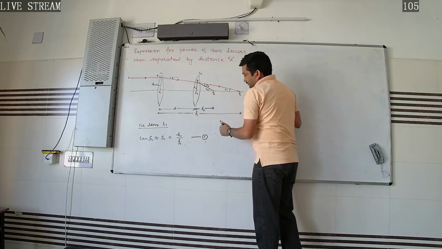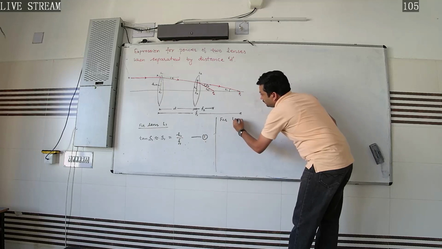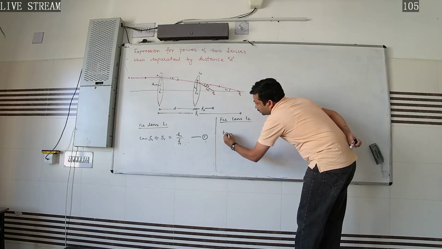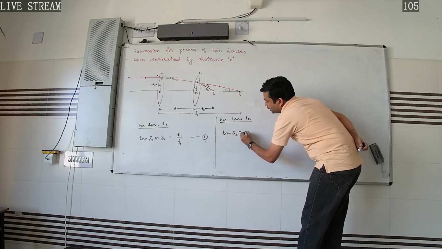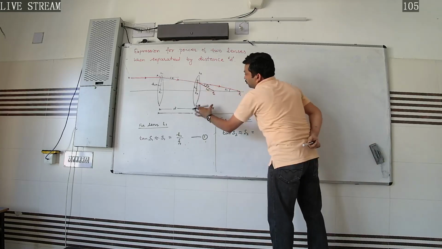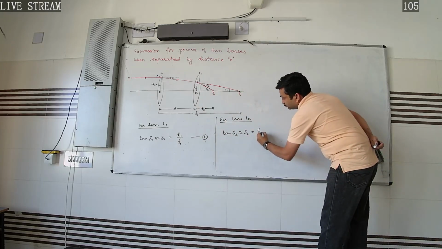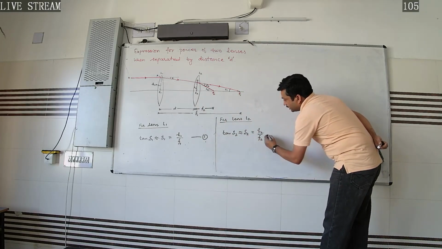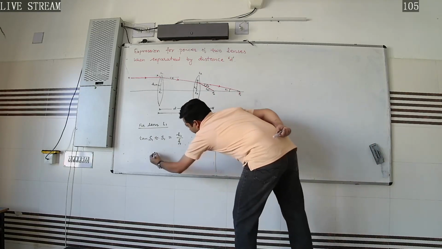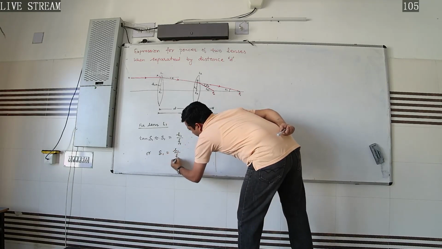So for lens L2, tangent of delta 2 is approximately equal to delta 2, and it will be equal to H2 over f2. Here we can also write delta 1 is equal to H1 over f1.